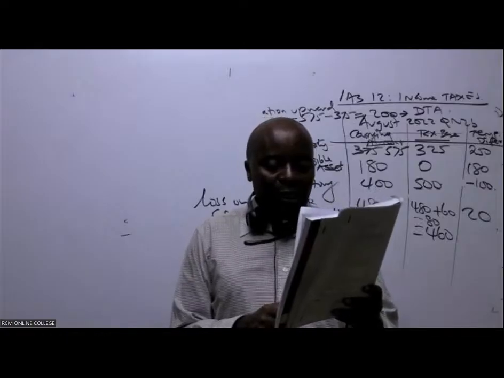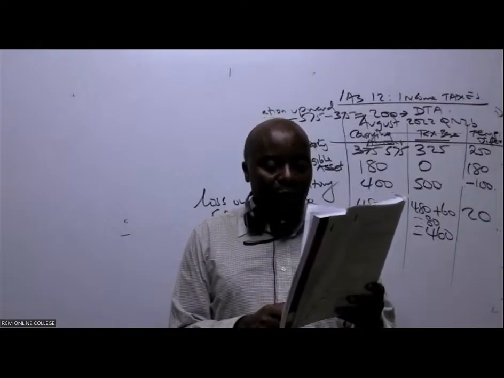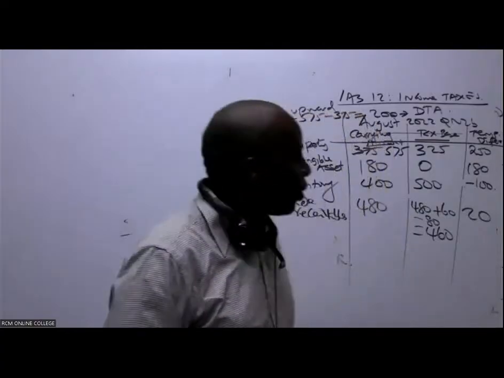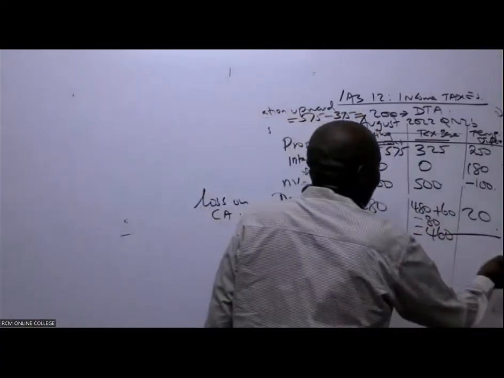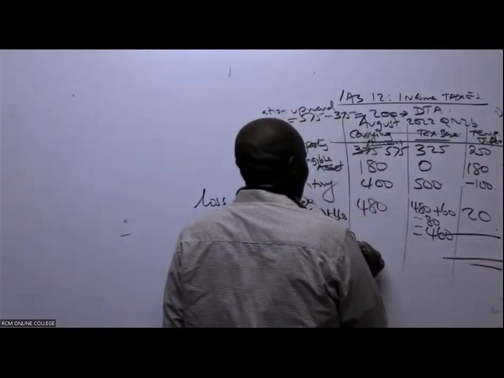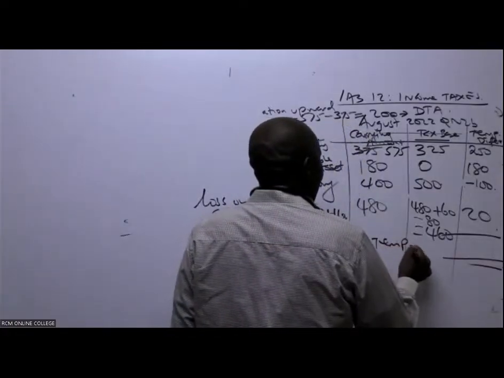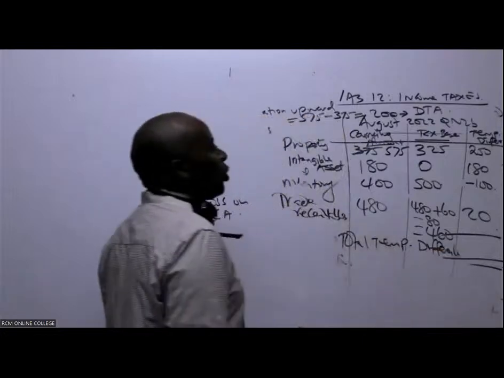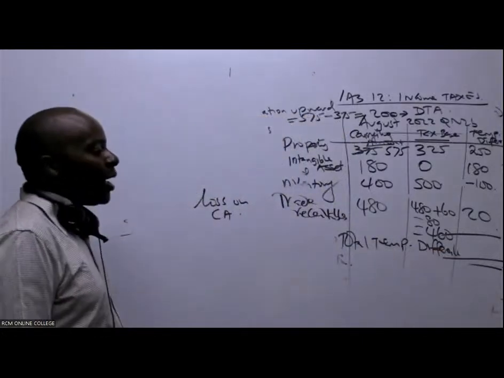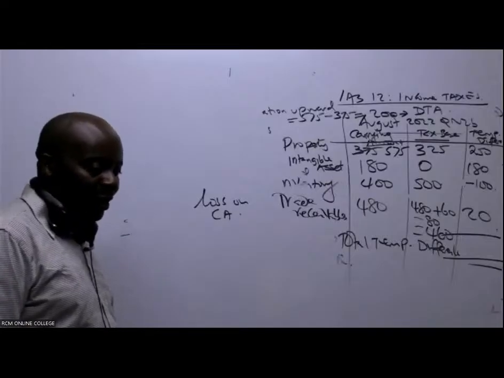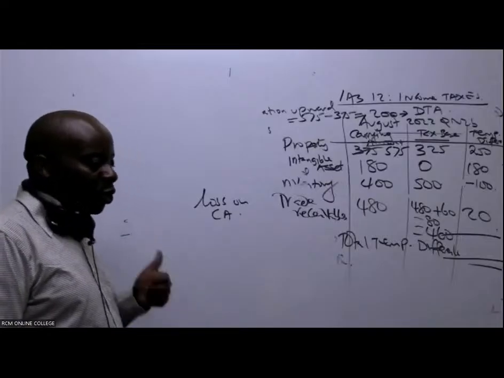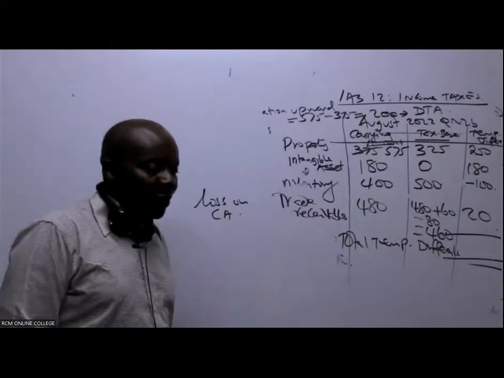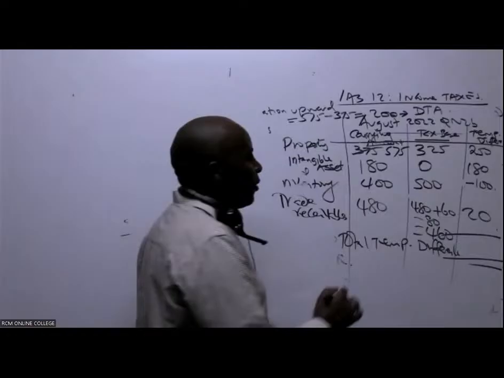Now we are told here the balance of the deferred tax liability. Income tax, we are through. So come and add here the total temporary difference. What figure do we have? 350.